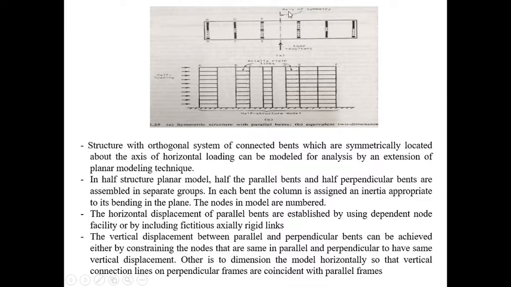Since it is the same, the axis of symmetry is cut here, and this is the load acting. Now when you transfer this to a 2D model, it is represented as only the half structure. This part is not there. Only this part is shown, which is here in figure B.